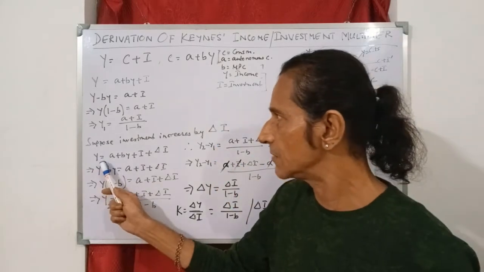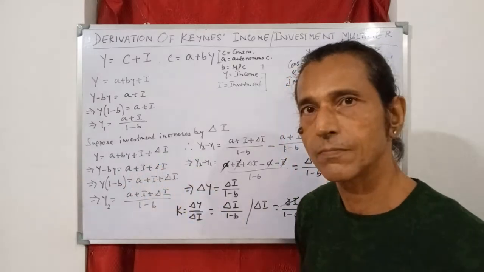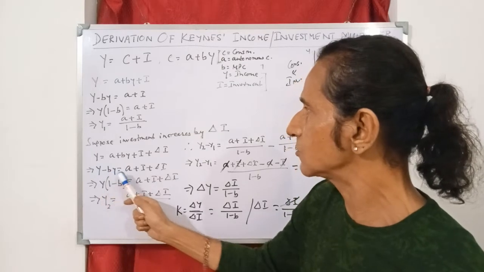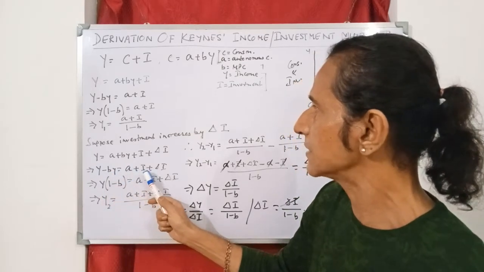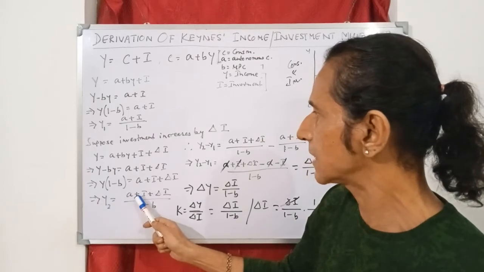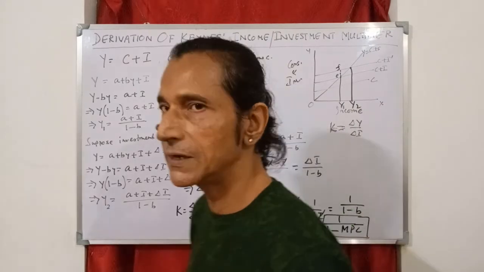So y here becomes a plus by plus I plus delta I. So y minus by equals a plus I plus delta I. So this gives us y equals a plus I plus delta I divided by 1 minus b, and this is happening in year 2.